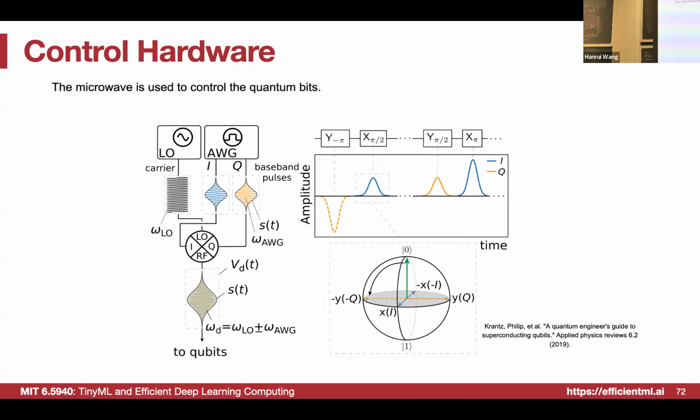For the rotation of pi over 2, we can see that the area under the curve is smaller, and for the rotation of pi, the area under the curve is larger. So the degree of the rotation angle is actually determined by the area under the curve for this specific superconducting device. For some others, like trapped ion or neutral atom, they have different control signals.